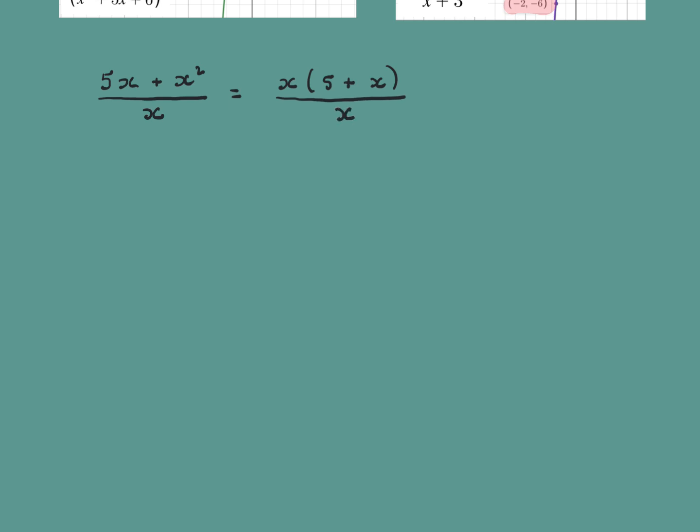That means that these two now cancel out because these have the hole in it, and we are left with only 5 plus x. These two graphs are identical, but this one here has a hole at x equals 0, whereas this one over here, there is no hole.